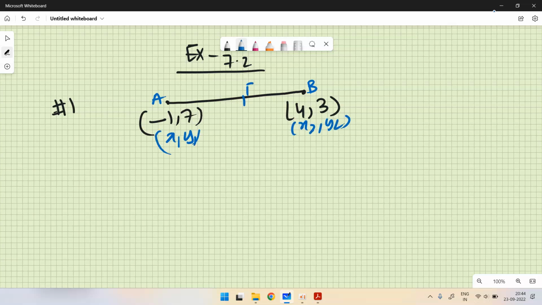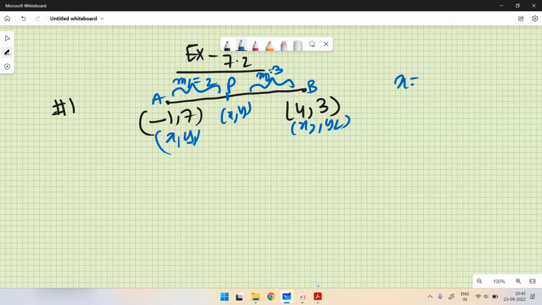So my point P, x comma y, divides in the ratio 2:3. So m1 is 2 and m2 is 3.